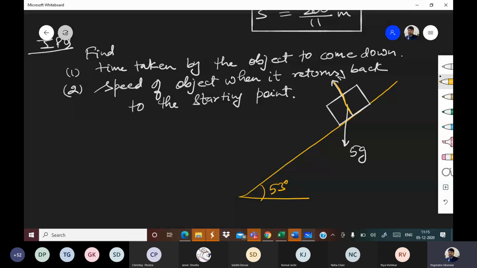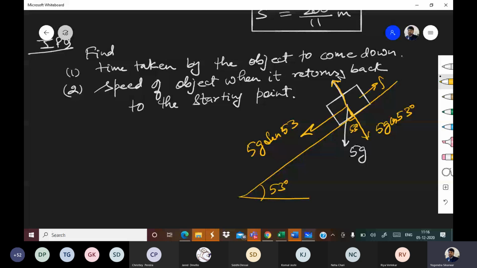Now 5G sine 53 will be acting downward along the inclined plane. 5G cos 53 will be perpendicular because this is 53 degree. Now, as it is going down, friction will be acting upward.